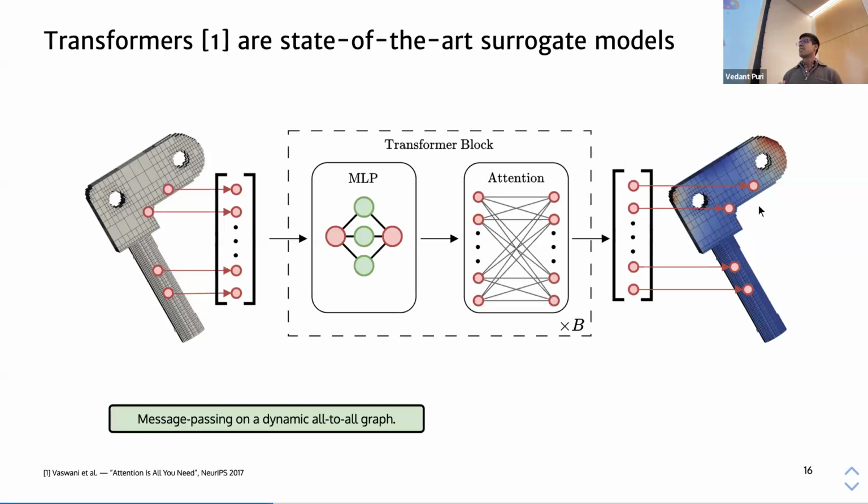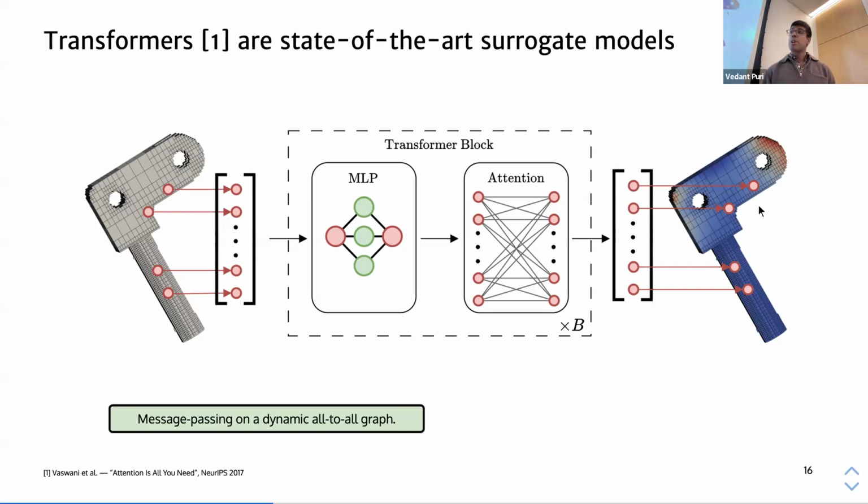So in a sense, this forms an all-to-all dynamically valued graph, which ends up being much more general than traditional convolutional neural networks or graph neural networks, because those two are limited by the connectivity structure of the input mesh.